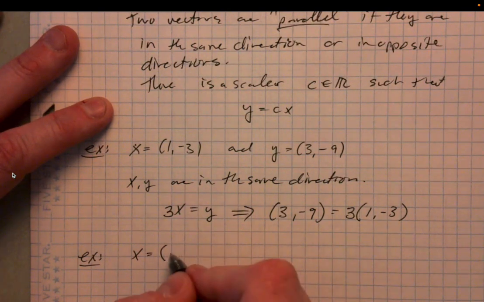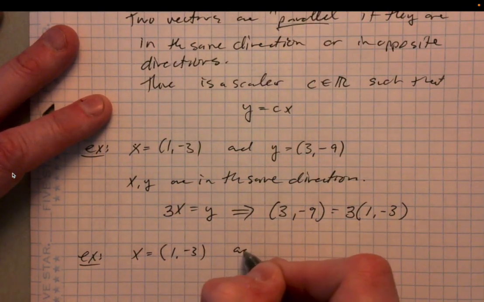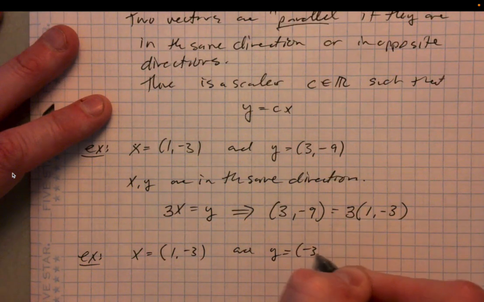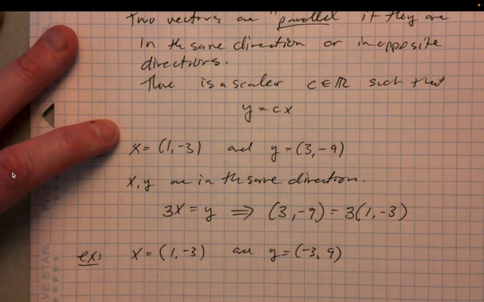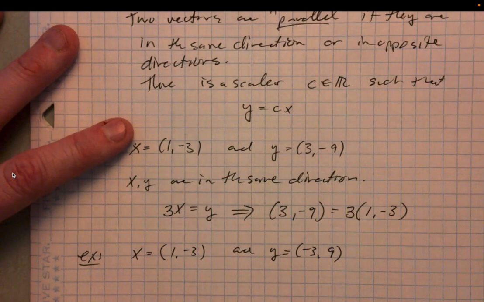Okay, what if I have a different x and y? What if I have x equals (1, -3) again, and y equals (-3, 9)? Well, these are in opposite directions.